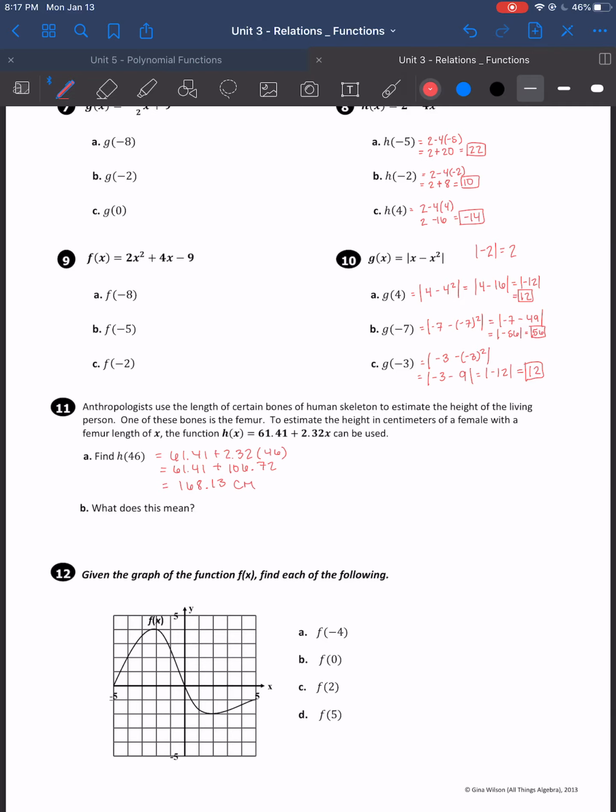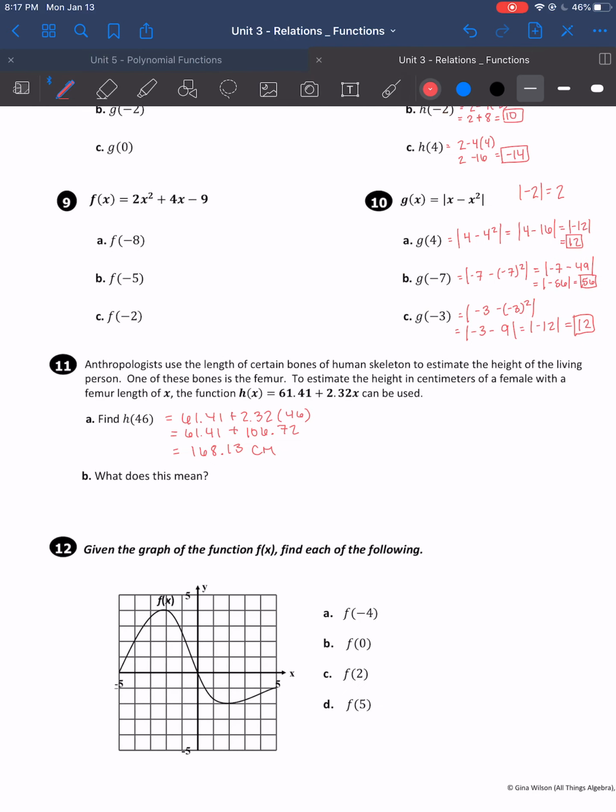And that would be in centimeters. So we use this function to estimate the height in centimeters of a female with a femur length of x. And we plugged in, x was 46. So a female with femur length 46 centimeters would be 168.13 centimeters tall.